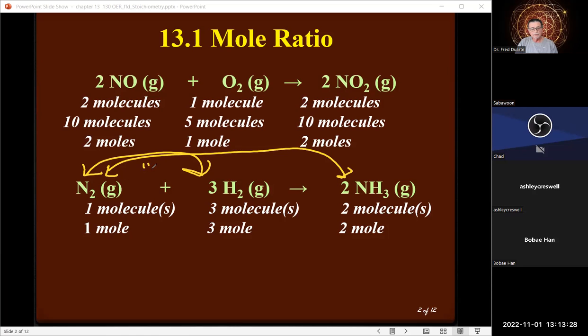So this is a 1 to 3 here. This is a 1 to 2 relationship. From hydrogen to ammonia is a 3-to-2 mole ratio, okay? I said 3-to-2 because I'm going from hydrogen to ammonia, but I could be going from ammonia to hydrogen, so that would just invert it to 2-to-3. Okay. All right.